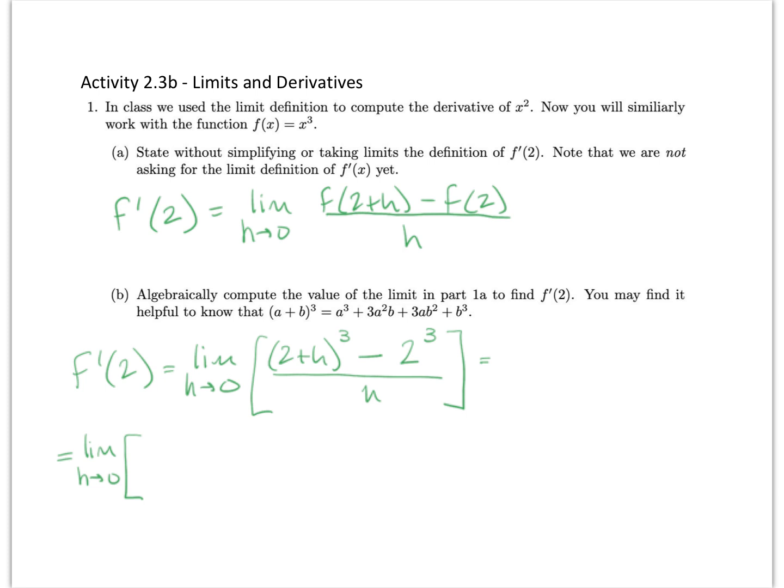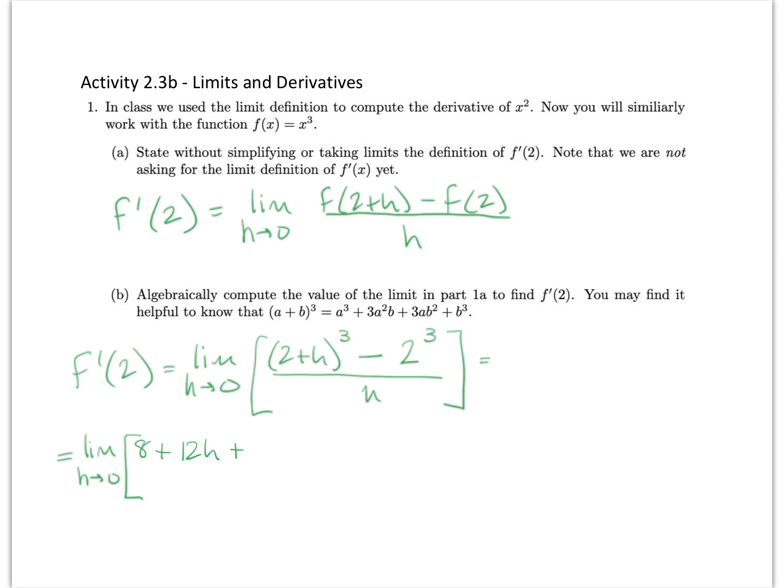So in my next step, I'm going to cube my 2 plus h. So I'm going to use this little formula that they gave me. So in my example, my a is a 2 and my b is an h, and I'm going to plug into this formula. So let's see, a cubed, that would be 2 cubed, which is 8, plus 3a squared b. So a squared would be 2 squared, so that's 4. 3 times 4 is 12, so 12h plus 3ab squared.